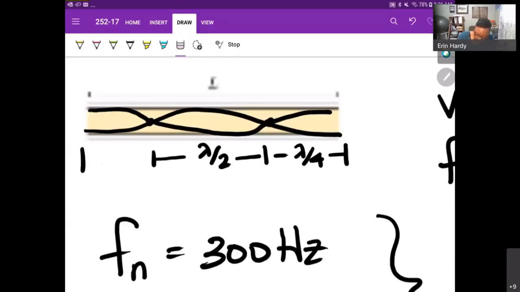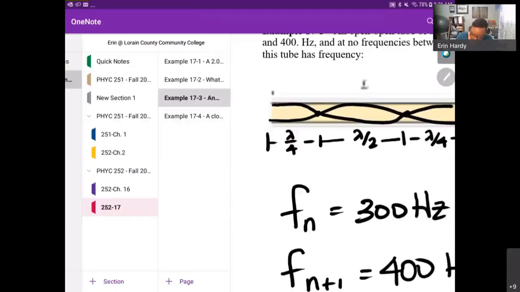Let's do more like this. Lambda over 4 between there and there. So when you add this up, you have one complete wavelength that is contained inside the open tube.